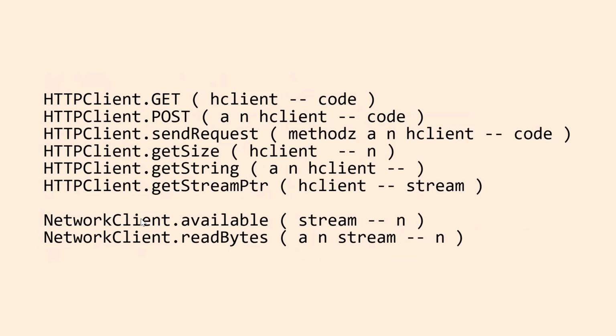And then you get down to business and actually want to do a get or a post or a more general send request. And then you get back your result as either a string or as a stream. And the stream is actually kind of handy because then you can get things a chunk at a time. You get this stream object that you can get the number of available bytes, and you can read from it.